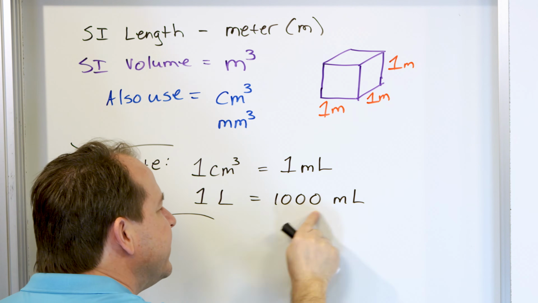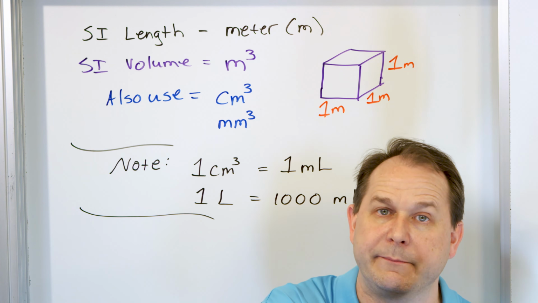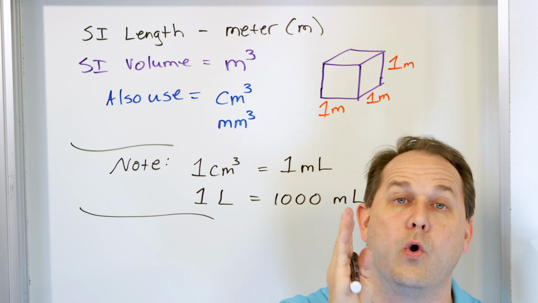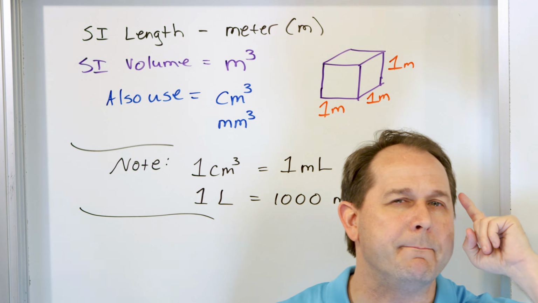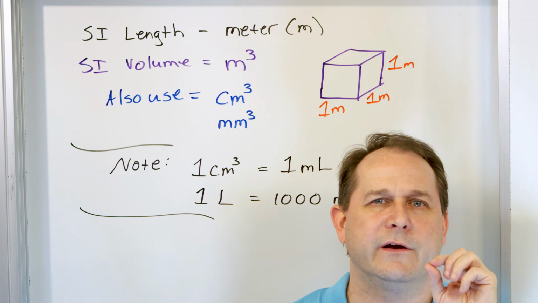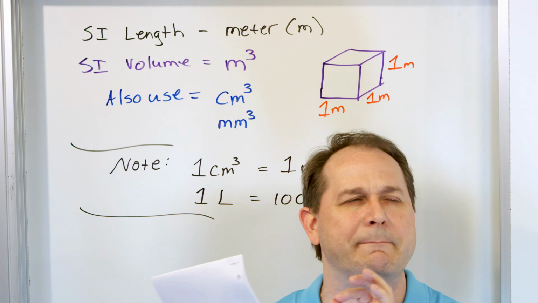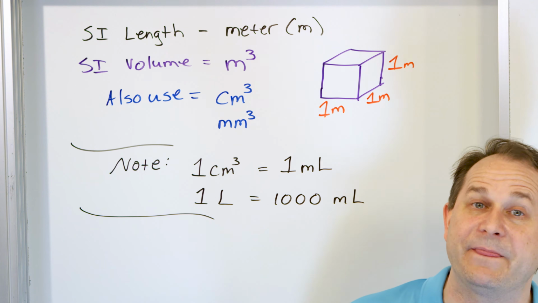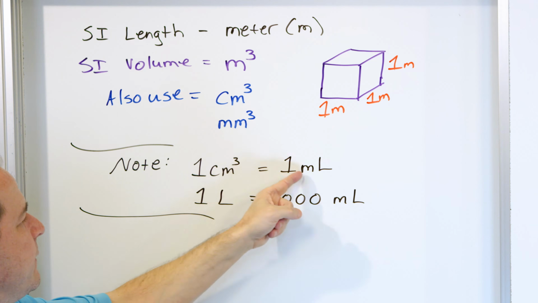And because there are 1,000 of these milliliters in a liter, that's how you get from the base unit being cubic meters, we can go to cubic centimeters, and then we know 1 cubic centimeter is equal to 1 milliliter. I want you to remember that because sometimes when people talk about volume, they'll express it in cubic centimeters, and sometimes they'll just say milliliters, and you have to know that a milliliter is exactly the same thing as a cubic centimeter. So it's very important for you to remember this, and over time you'll start to remember this in your mind.